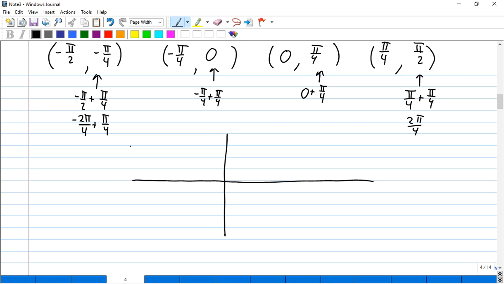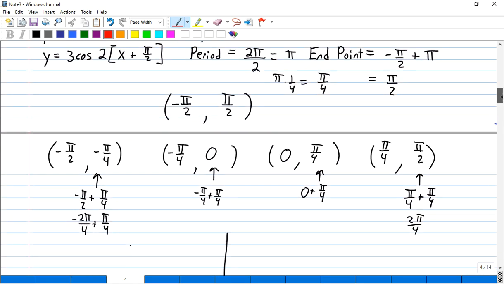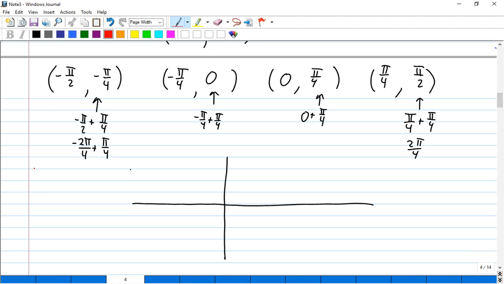All right, so let me do this in another color. So that is 3 cosine of 2 times x plus pi over 2. I want to write it down one more time. All right. So two of those values were negative, this one and this one.